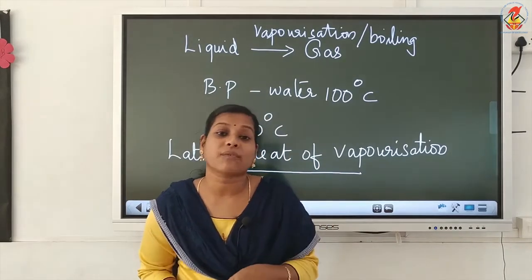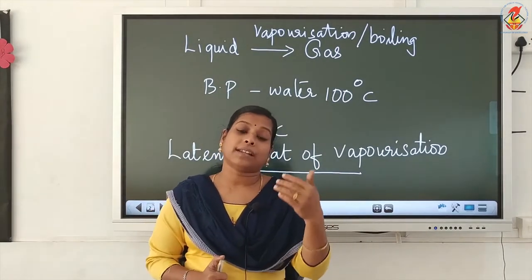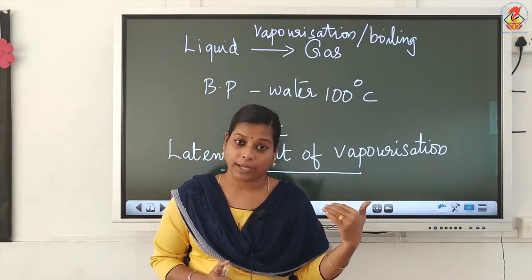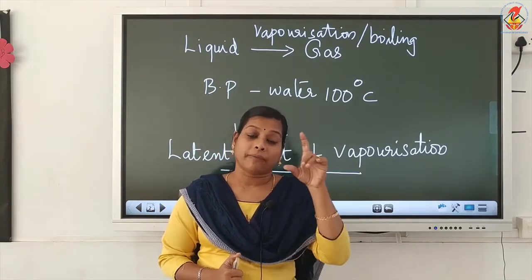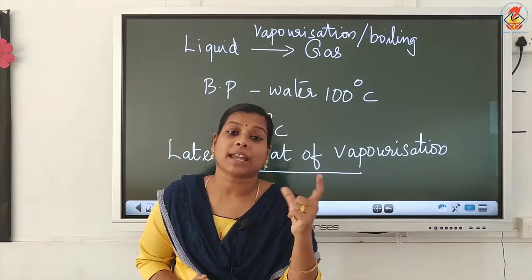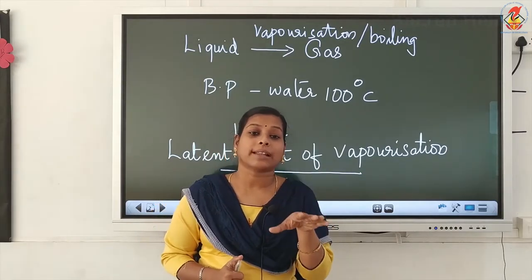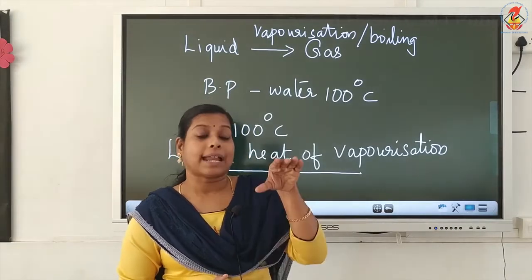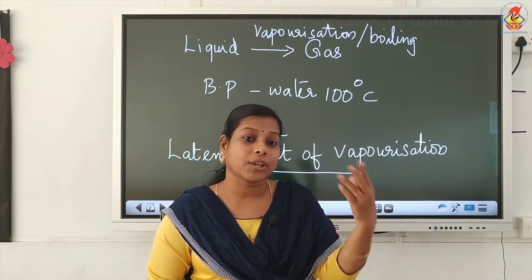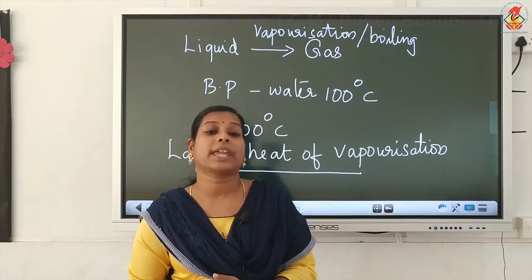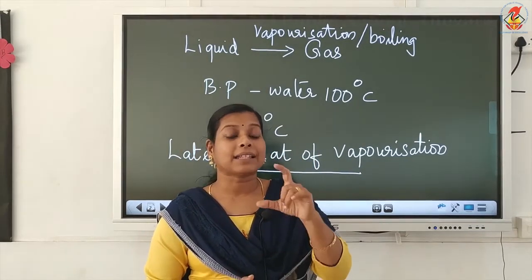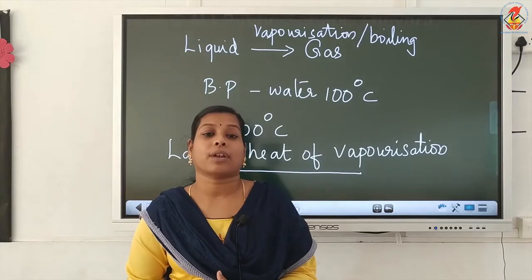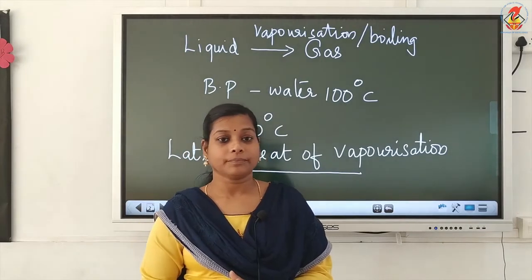And here also if we are changing the pressure, definitely we can change the boiling point. So, whenever we are defining melting and boiling points, we have to tell especially that it is at its atmospheric pressure. At its atmospheric pressure, a liquid starts changing into gaseous state. That temperature is known as the boiling point of a material.